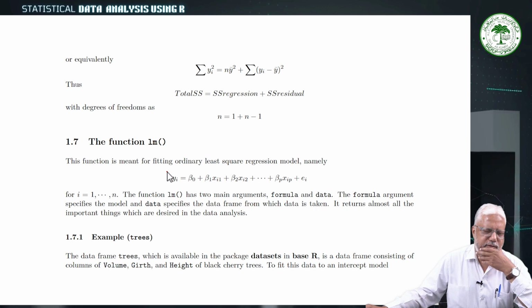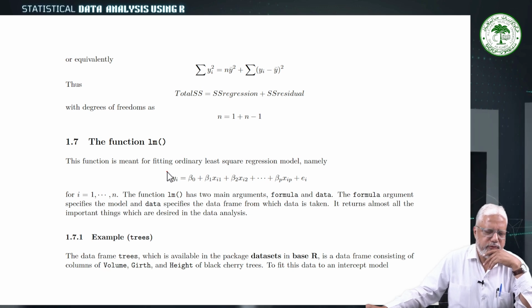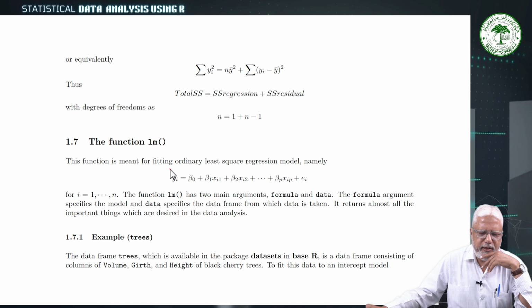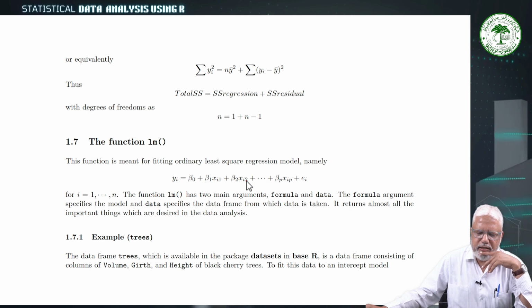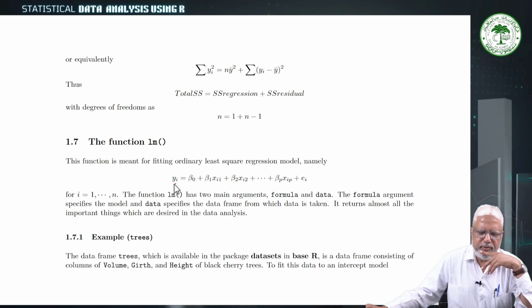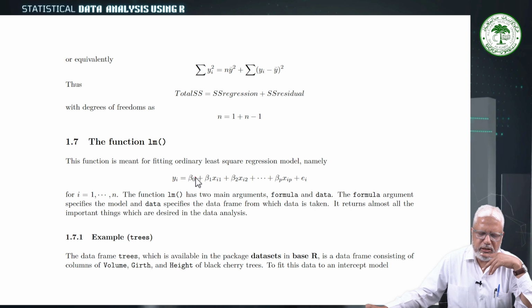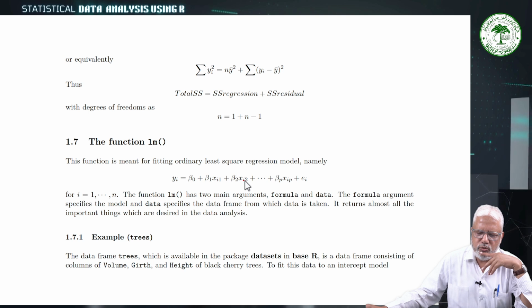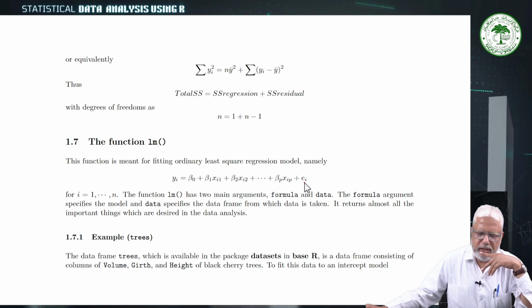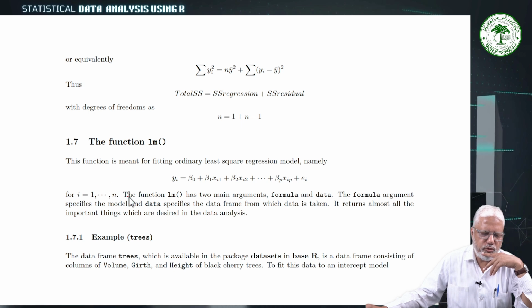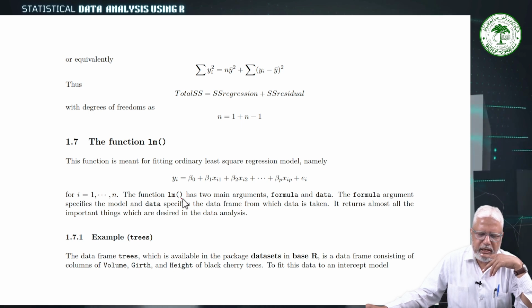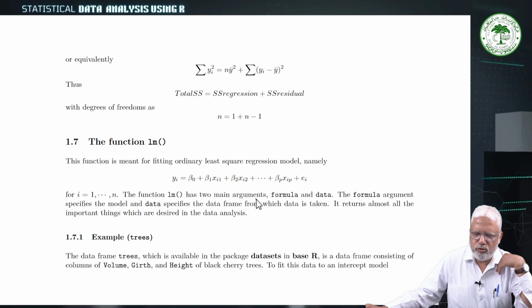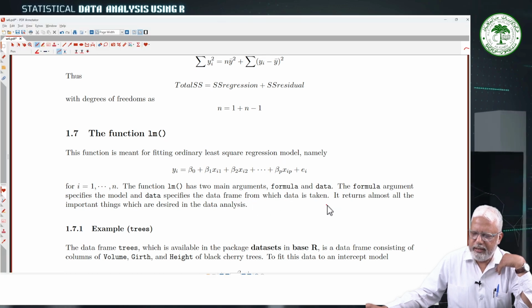Now the function lm I am going to introduce. The function is meant for fitting ordinary least square regression model, namely yi is equal to beta naught plus beta 1 into xi1 plus beta 2 into xi2 dot dot plus beta p xip plus error, for i is equal to 1 to n. The function lm has two main arguments, formula and data.